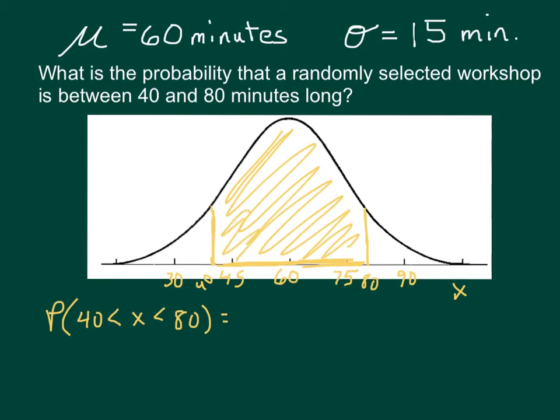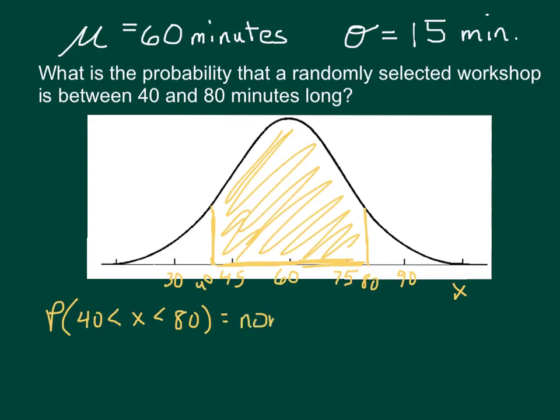Looking at this, I can already see that this answer is going to be more than 68%, right? Because one standard deviation away would be the middle 68% of the normal curve, and we've gone out a little further than that. So it's always good to approximate your answer before using that calculator.